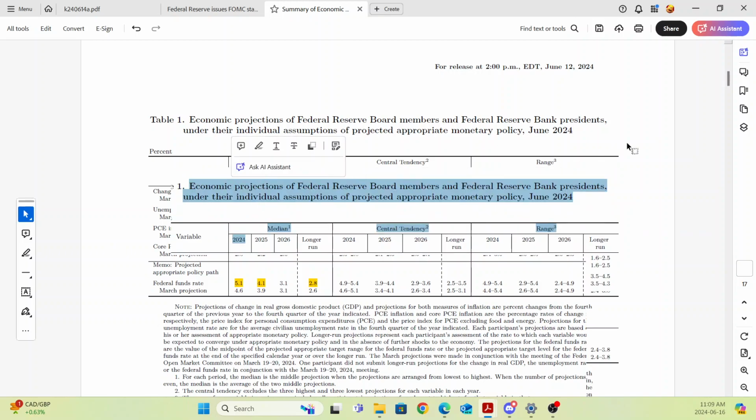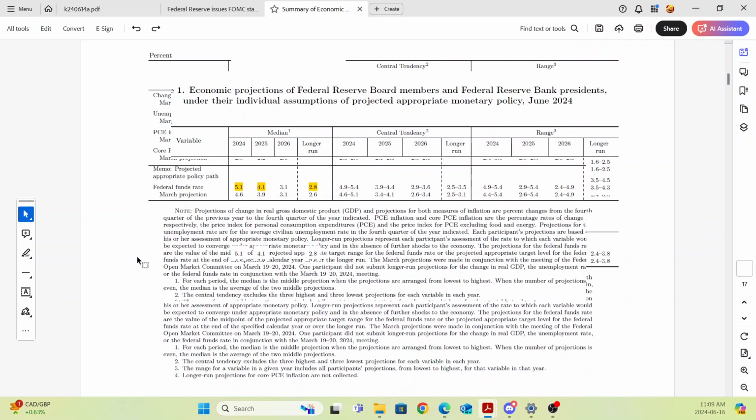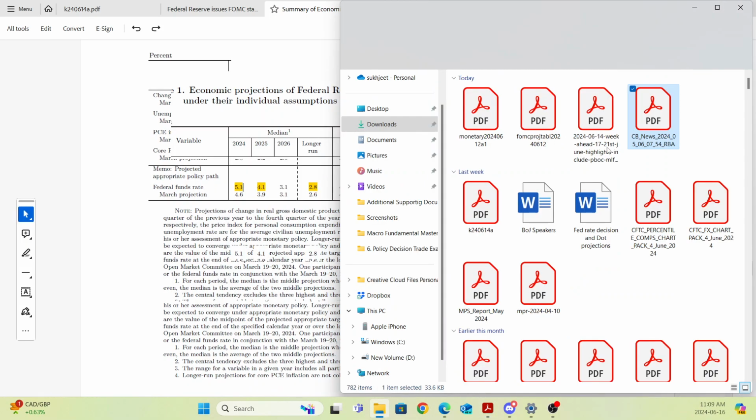Okay, what's going on here? What just happened? Let me just open this up again. I think there's an error on this.